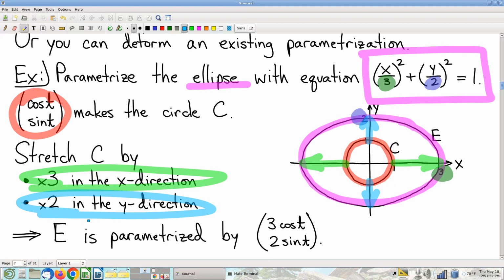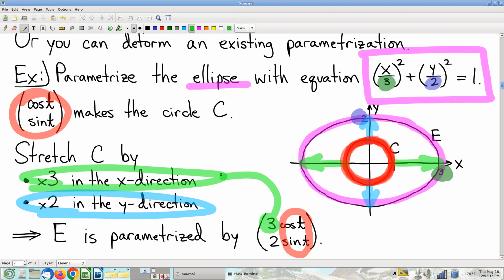And so, roughly speaking, here goes. Notice I'm going to start here with cosine t, sine t. That parameterizes my existing parametric curve C. And then, I want to stretch by a factor of 3 in the x direction? Sure. Boom.